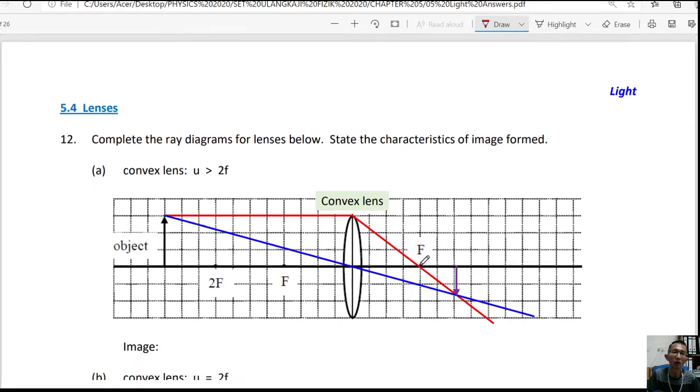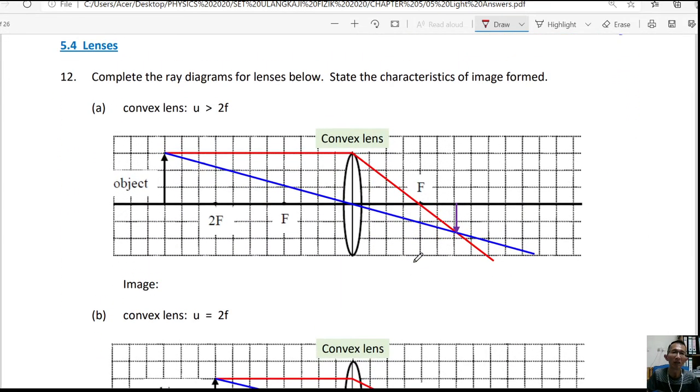Now we go to lenses. Complete the ray diagram for lenses below and then state the characteristic of image formed. Here I draw a line in red and a line in blue. You will see that I will use the same convention onwards. How do we draw a ray diagram for lenses?